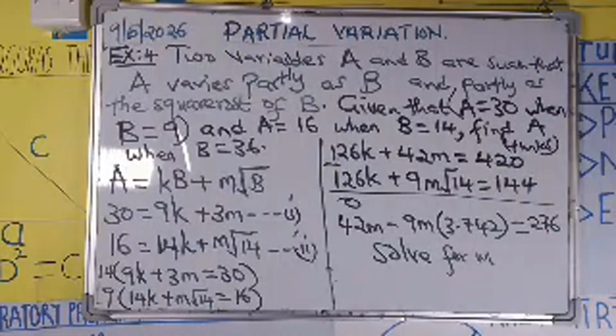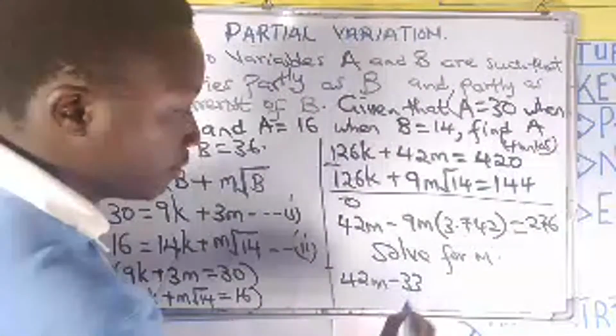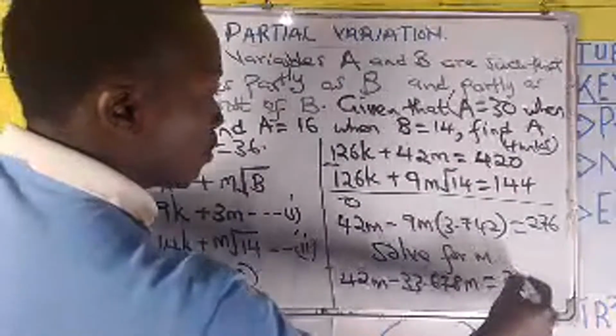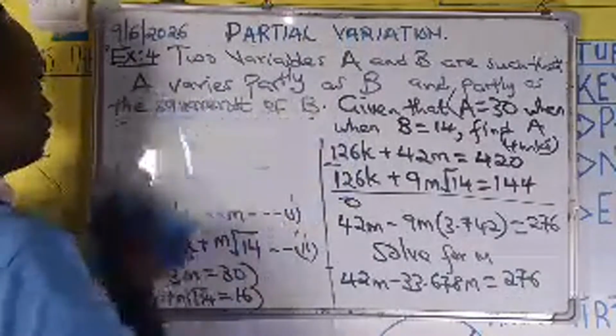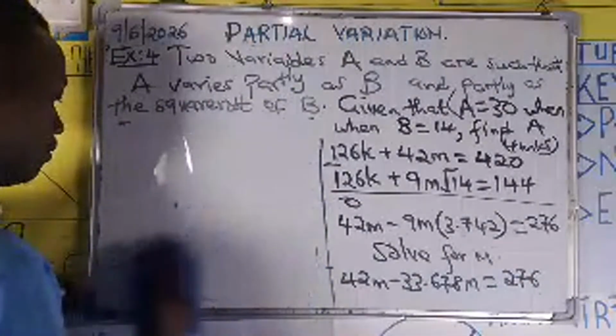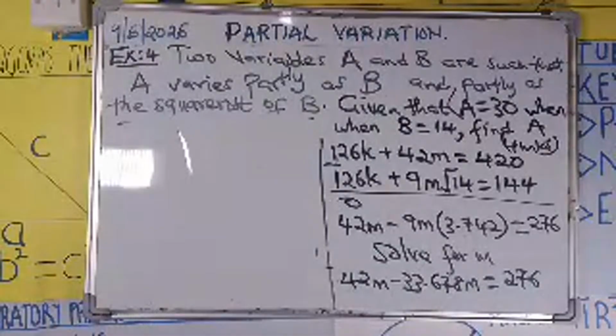That 3.678m is equal to 276. So 42 minus 33.678 is 8.322.